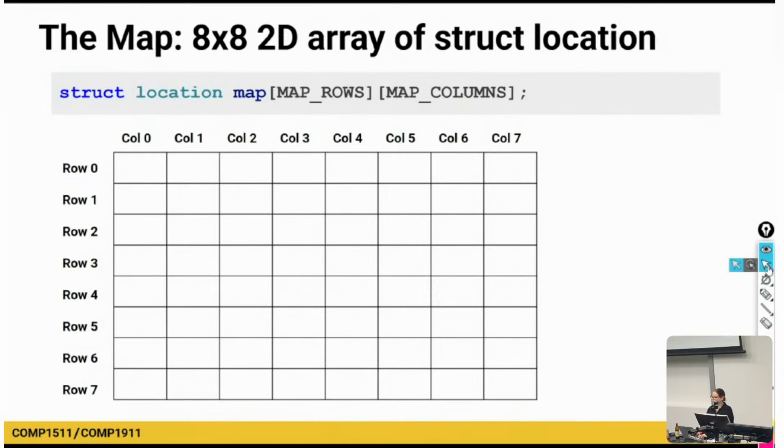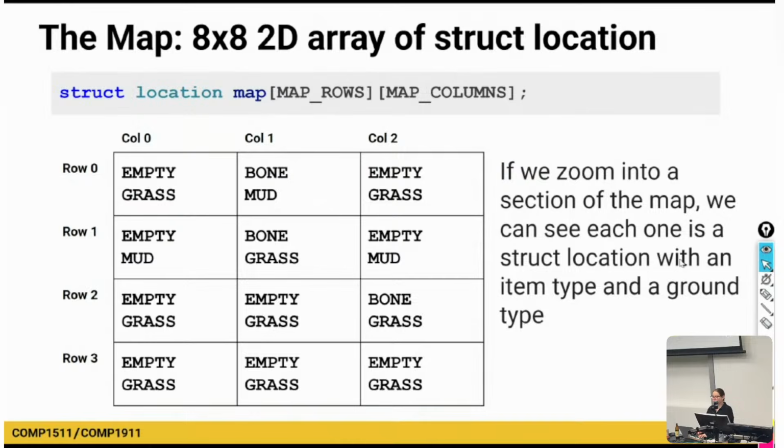And then if we look in a bit closer, every location on this map, these are all struct locations, so they all have an item and a ground type. So the item might be empty or bone, the ground type might be mud or grass. So every cell is a struct with values for these 2 fields. Is everyone sort of happy with that?